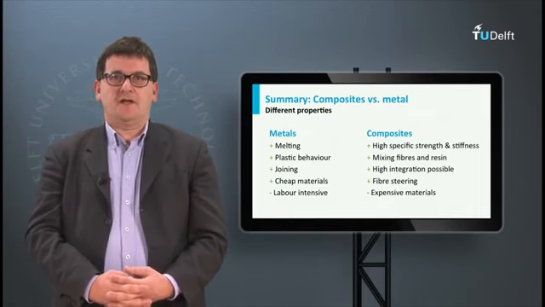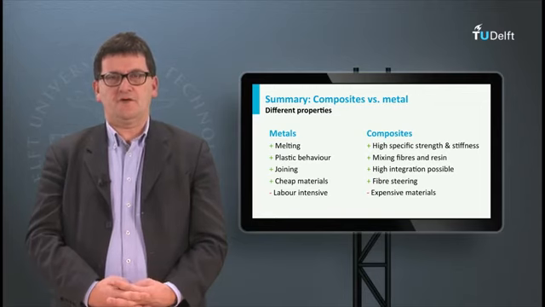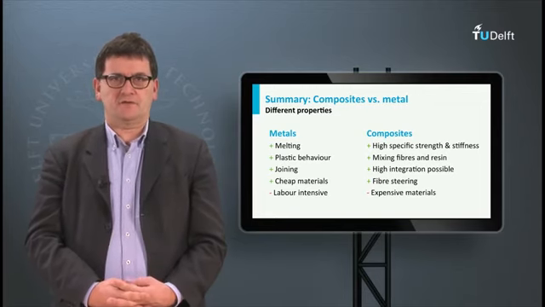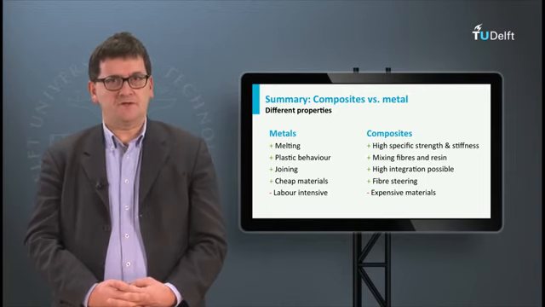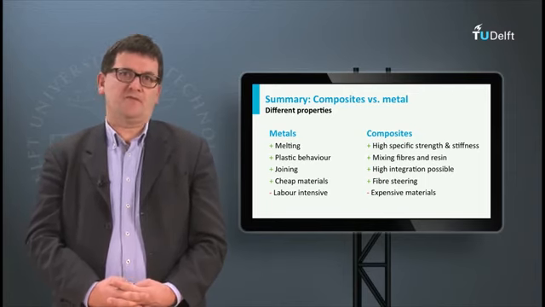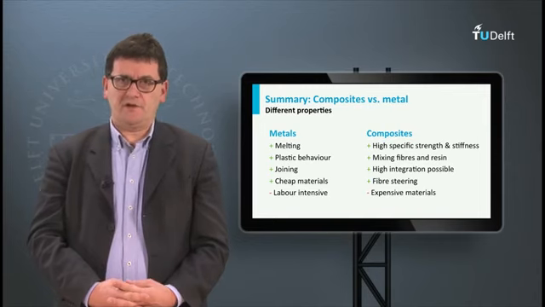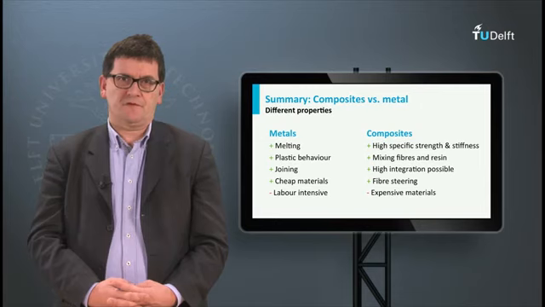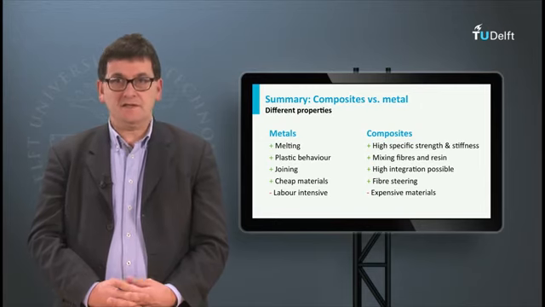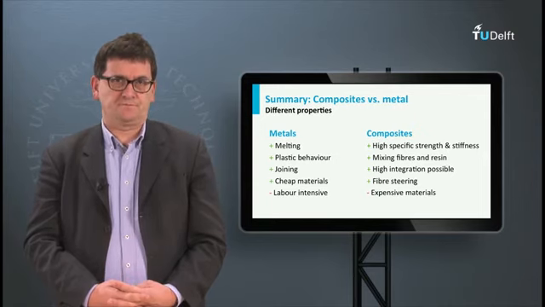The two previous slides show the differences in the manufacturing of products, which are made of different materials. Some of the material properties we have seen before influence the choice of the most appropriate manufacturing process. If we look at metals, they can be melted, they show plastic behavior, are cheap, can be easily processed, for example by machining, and they can also be joined easily by rivets or bolts.